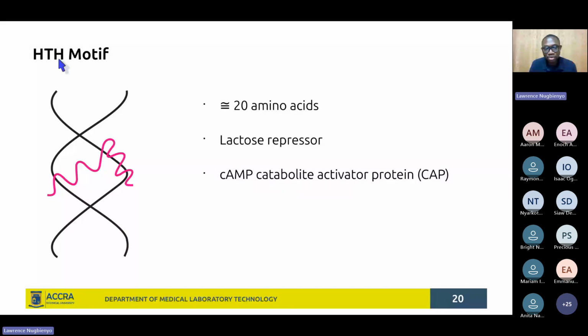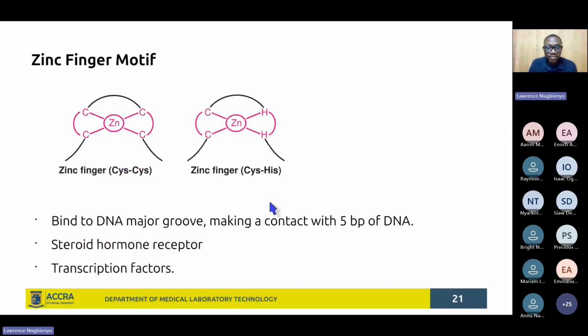And usually it's just made of an oligopeptide consisting of about just 20 amino acids that is interacting with a nucleic acid. The zinc finger motif. So you see, it looks like a finger. If you look at the top, it looks like a finger. Like if you can put your thumb on it, it looks like a finger.